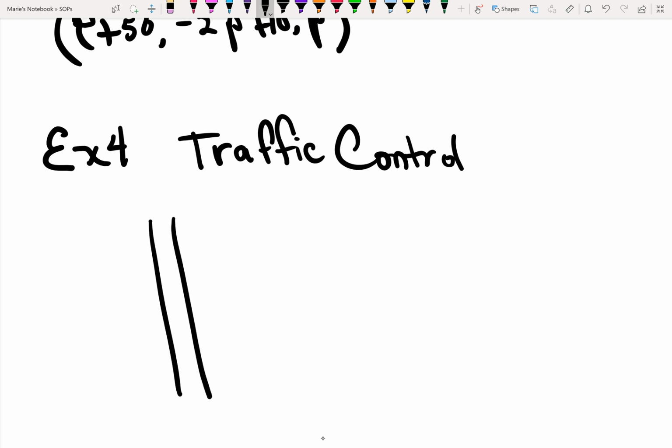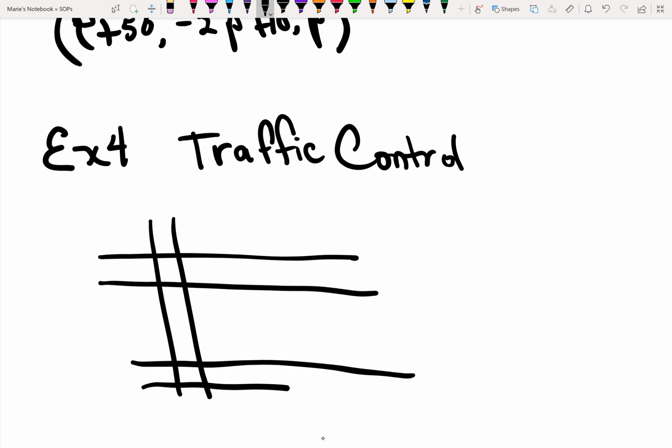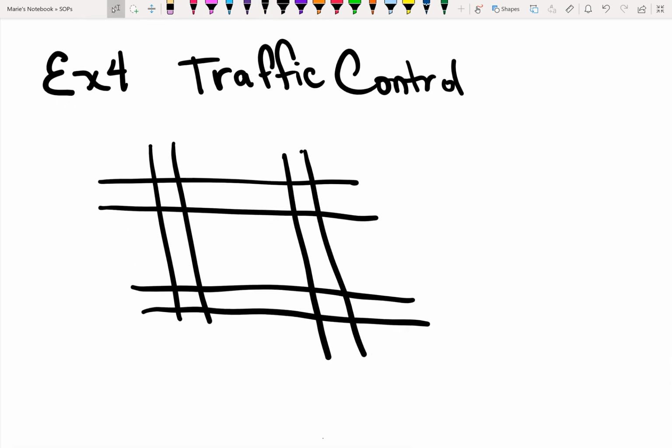So let's pretend that these are intersections on a street. And the diagram looks very similar to this on the word problem. So this is 300 cars per hour. So I'm going to just put C over H, C per H.